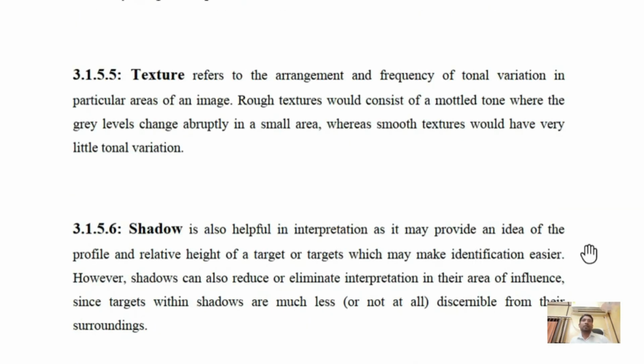Texture refers to the arrangement and frequency of tonal variation in particular areas of an image. Rough textures would consist of a mottled tone where the gray levels change abruptly in a small area, whereas smooth textures would have very little tonal variation.